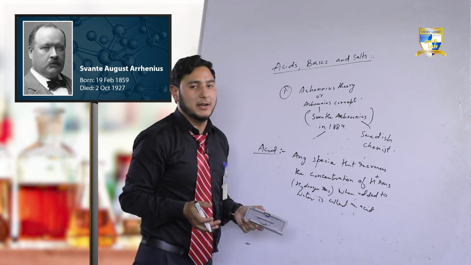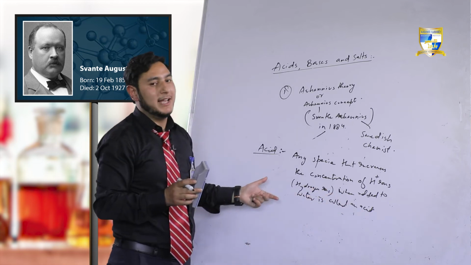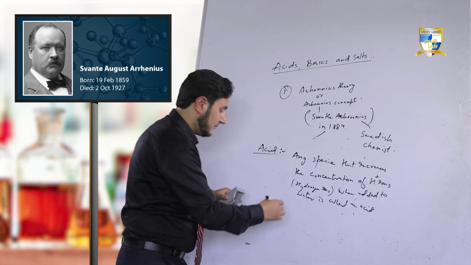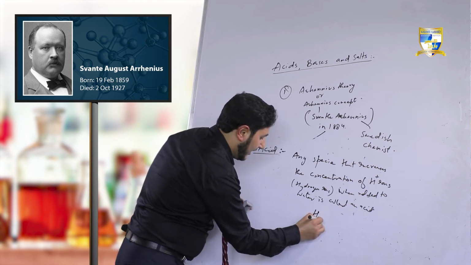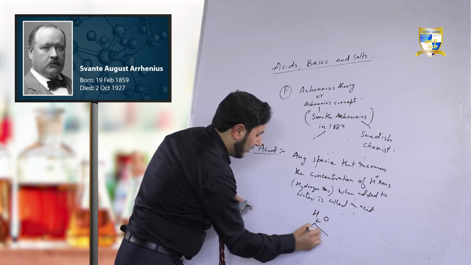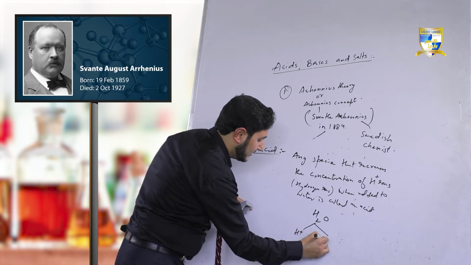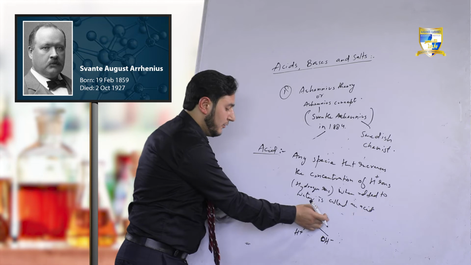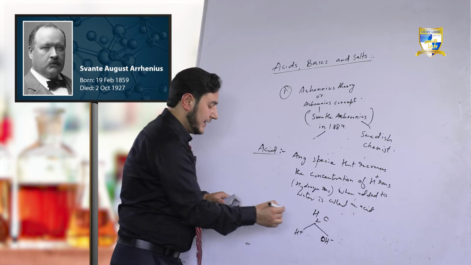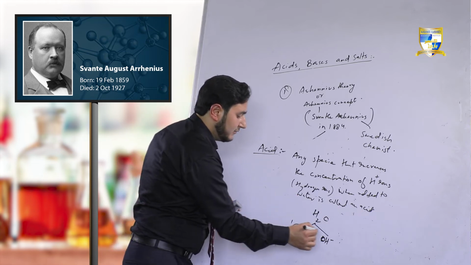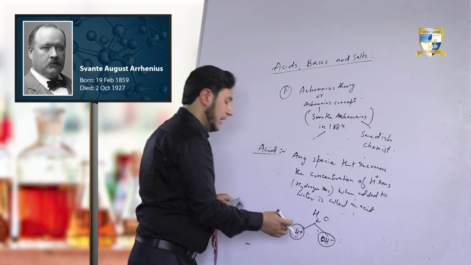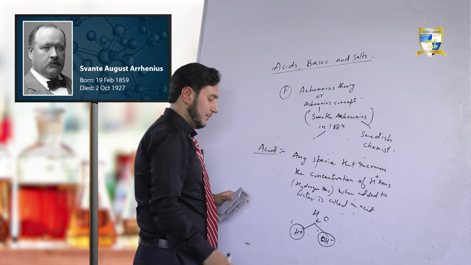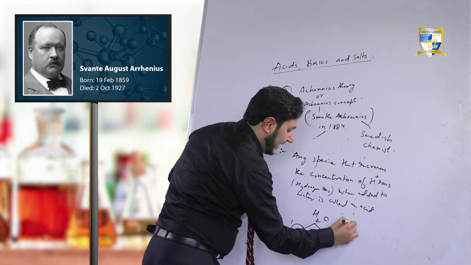What do we mean by this statement? Let us clear this with the help of an example. Look here. H2O is itself made up of H positive and OH negative. So it contains one H positive ion and one OH negative ion. What I am doing is adding HCl to it.